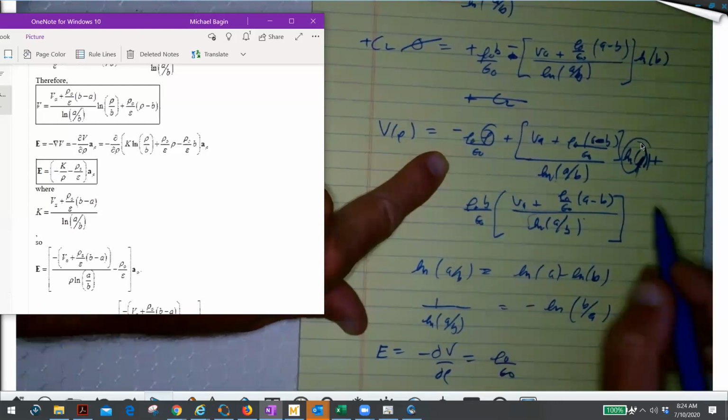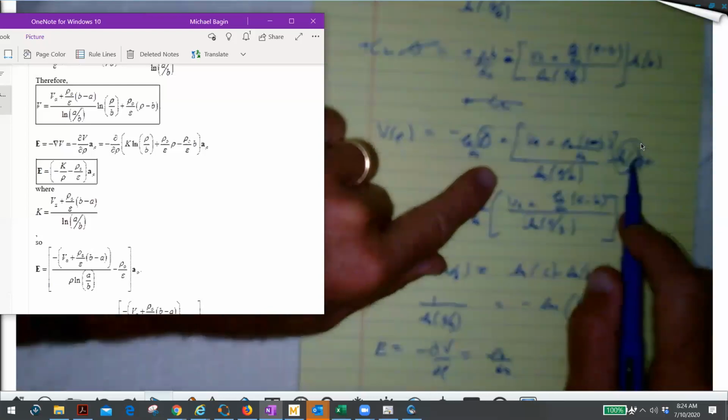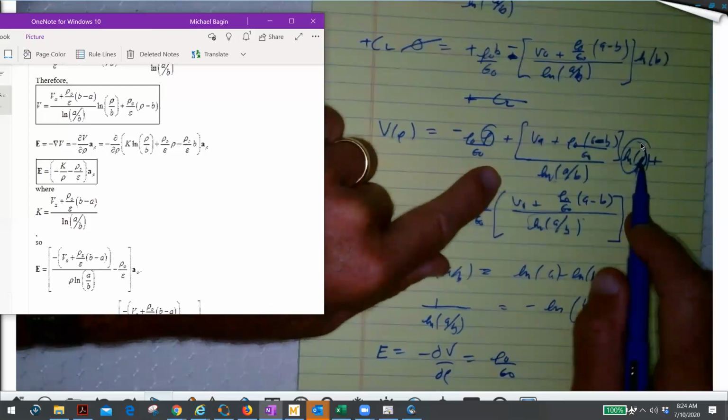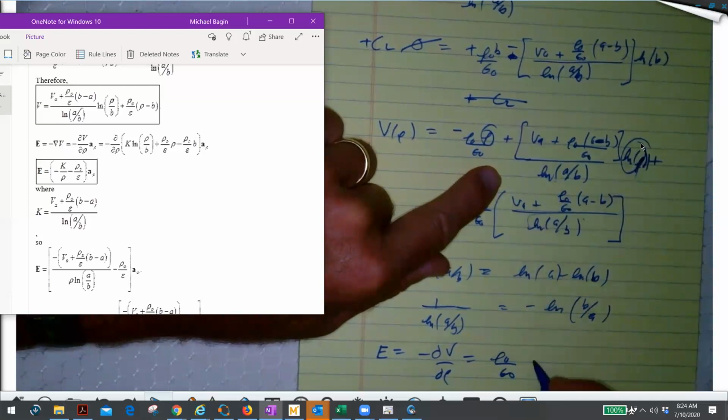Then the second term, when I take a derivative of the natural log, I get 1 over rho again, don't I, class? So I would get just this constant divided by rho, and it would be with a minus.